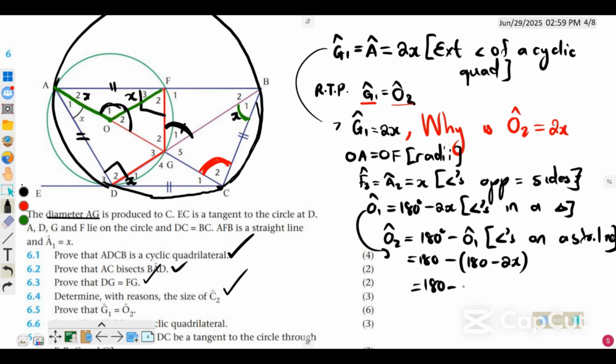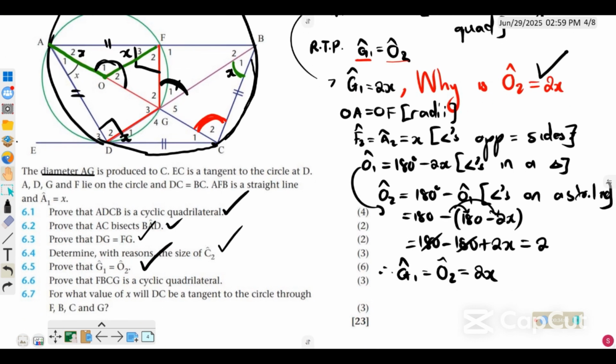This gives us 180 minus 180 when we expand that. This times that, which is positive 2x. This cancels that, and it gives us the 2x. Now that's why angle O2 is equal to 2x. Therefore, G1 is equal to O2, and they are both equal to 2x. Makes sense? That's how you do it.